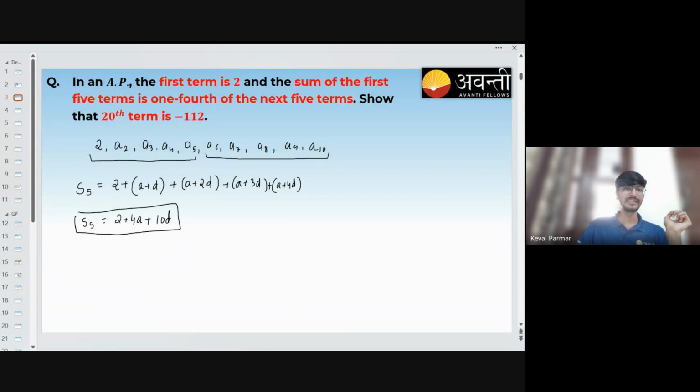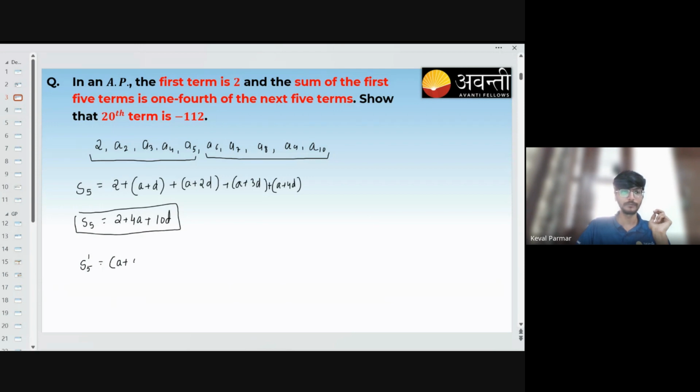Now the sum of the next 5 terms. What are the next 5 terms? These are A6, A7, A8, A9 and A10. So let me calculate the sum of the next 5 terms, let that be denoted by S5 dash. A6, what can I write it as?